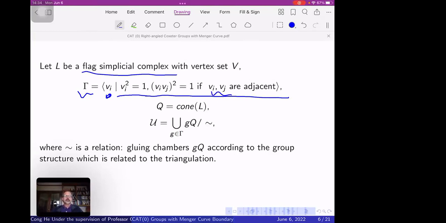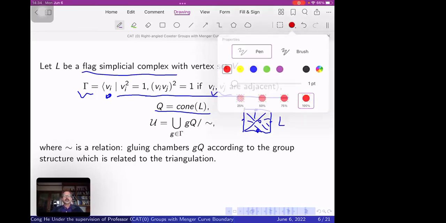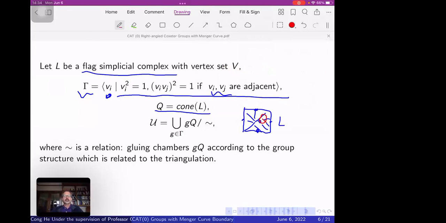And we can create a chamber. For example, this is a triangulation which is our nerve, a flag simplicial complex. Then you cone this nerve, and you get a chamber. We call this K. This is the cone of L.